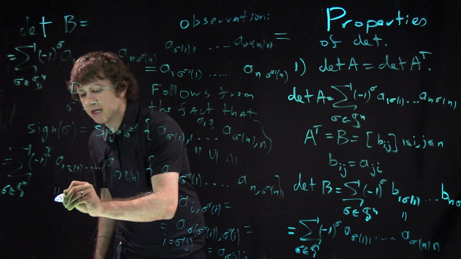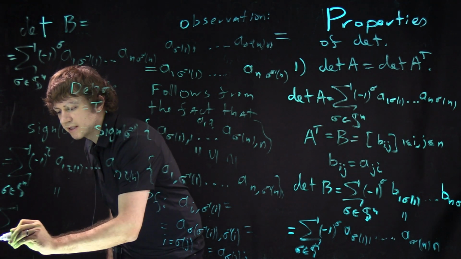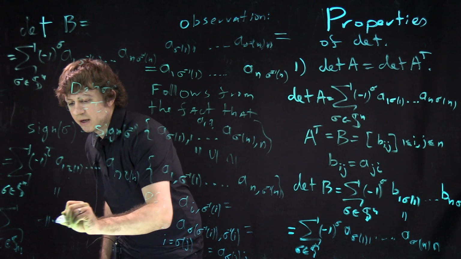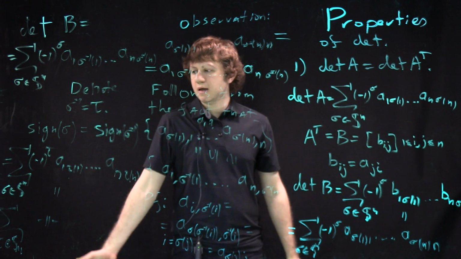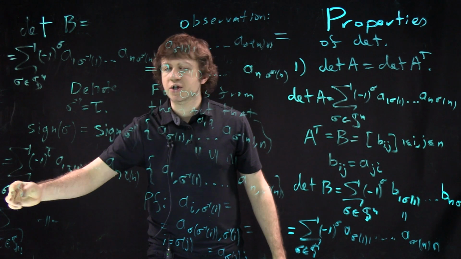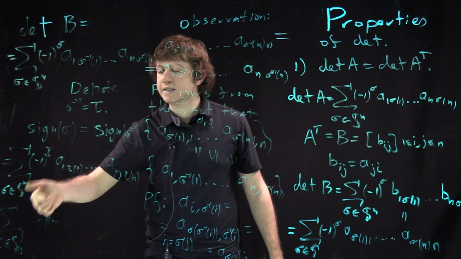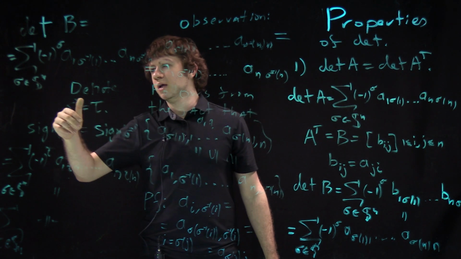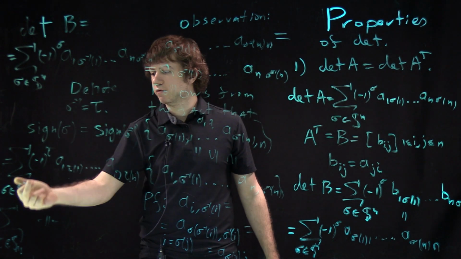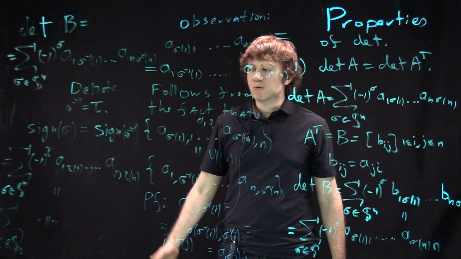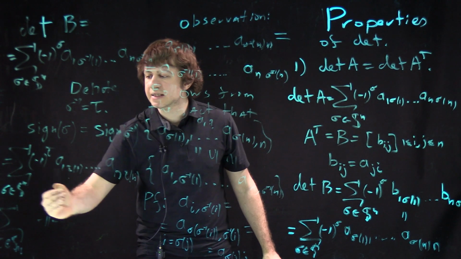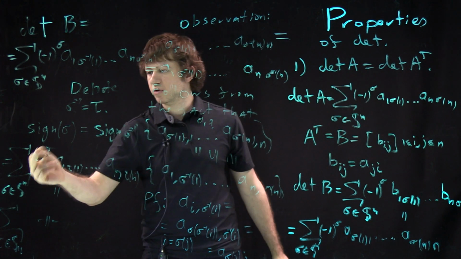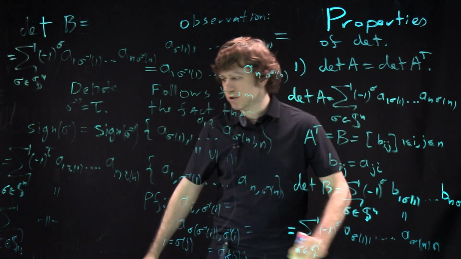The reason is that when you, instead of each permutation, consider its inverse, you just relabel the set Sn. For every permutation there exists a unique inverse, because inversion of a permutation is a bijection from Sn to itself. And so that's why we have absolutely the same summation over the same terms, just with sigma renamed by tau. And so this is determinant of A.